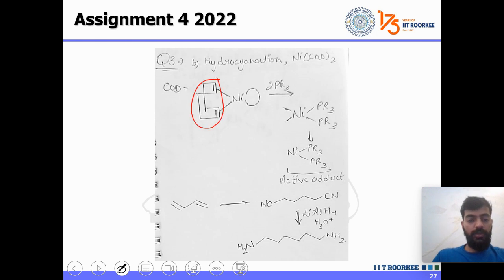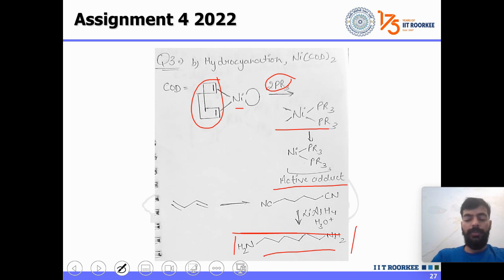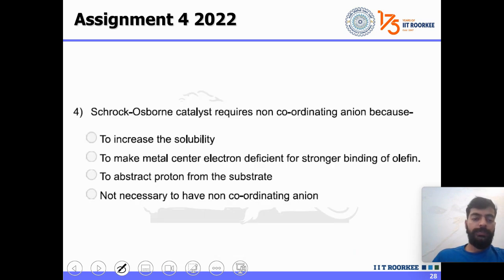This is COD, nickel. What happens in the presence of phosphine ligands? This formation occurs, and this is the activated adduct. This adduct gives us the formation of nylon 6,6 type of compounds. Let's move to the next question.